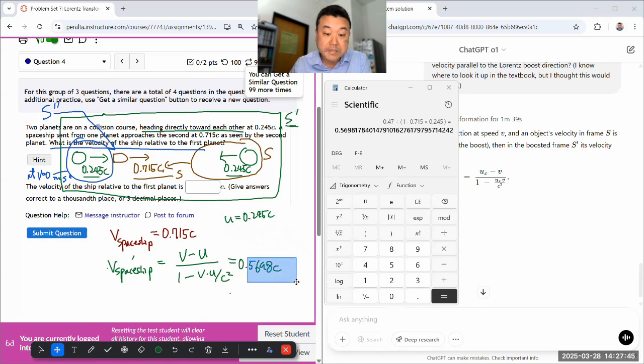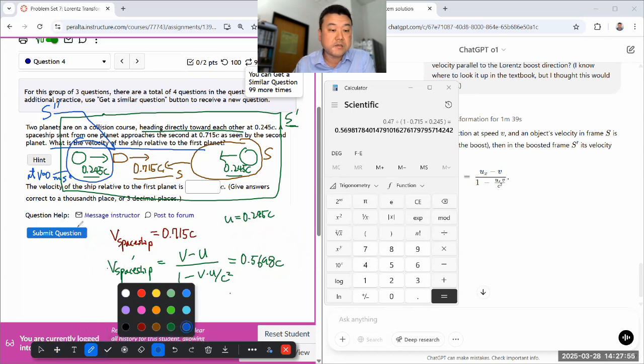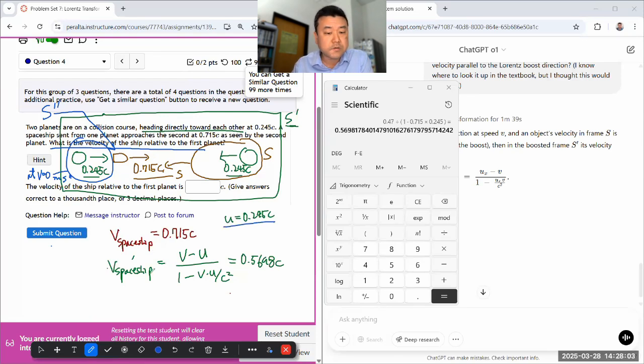But with the misunderstanding I have had about how the planets were set up, I think I still need to transform it one more time to get the speed of the spaceship in the reference frame of the planet that's moving to the right. So it's actually the exact same shift, just done one more time. V double prime is equal to the same thing, V prime minus U divided by 1 minus V prime times U divided by C squared.